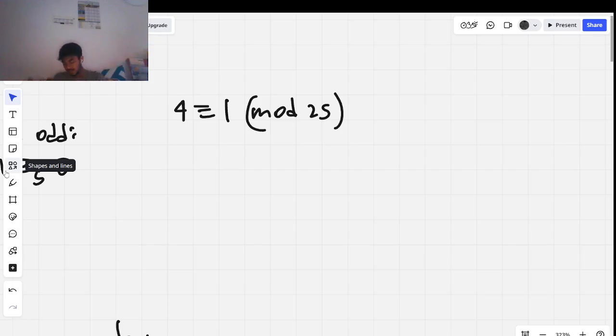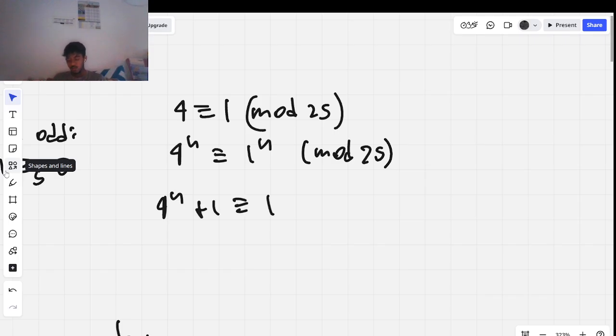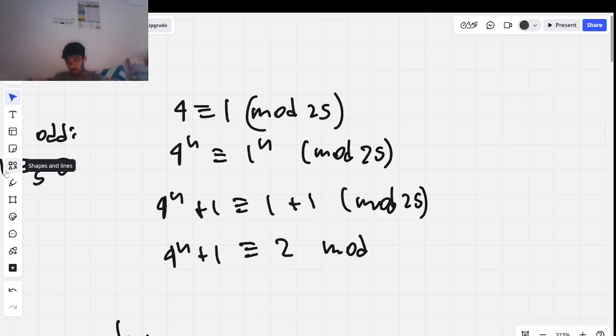This implies that 4 to the n is 1 to the n mod 25, and we know that 1 to the n is just 1, so 4 to the n plus 1 is 1 plus 1 mod 25. 4 to the n plus 1 is 2 mod 25.